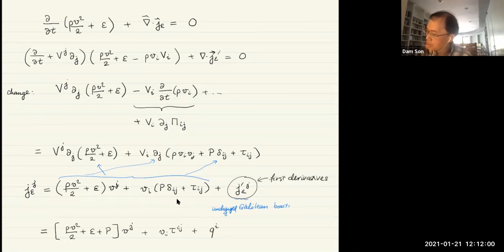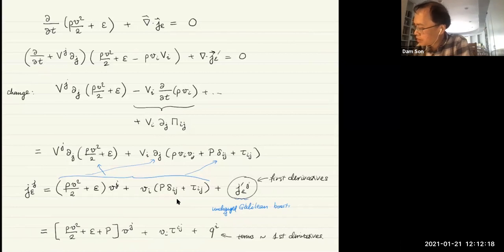Let me write it as q_i. q_i is a term proportional to a first derivative. First derivative of what? At this moment, it can be, for example, a derivative of temperature or a derivative of chemical potential. It cannot be a derivative of velocity because that would have the wrong number of indices.